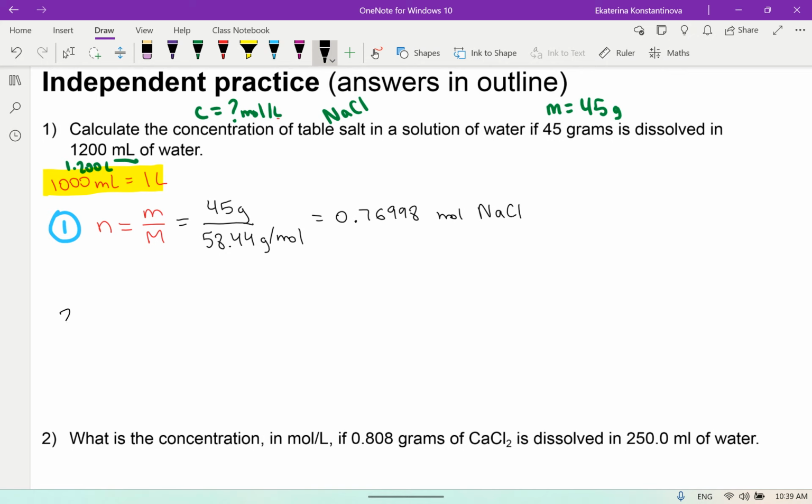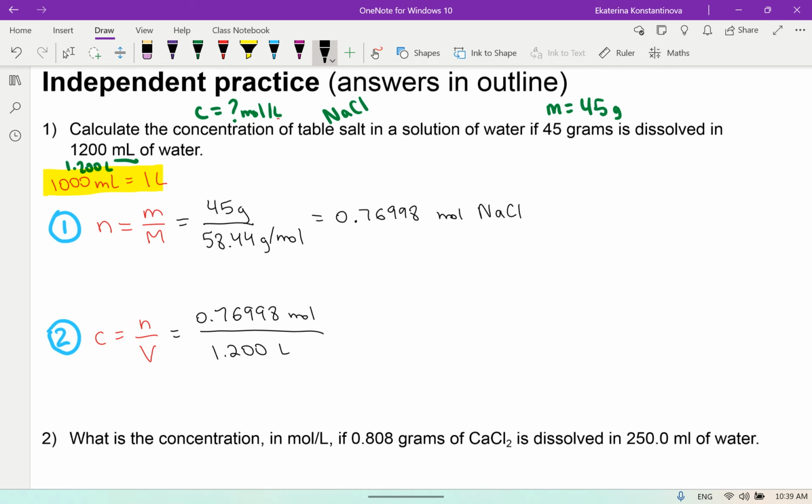Now that we have our moles, we can use our next equation, our new equation that we learned, C equals n over capital V. So let's plug in what we know. We just solved that our moles, we have 0.76998 moles, and our volume has to be in liters, is 1.200 liters.